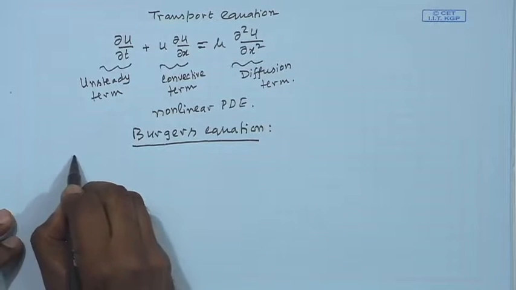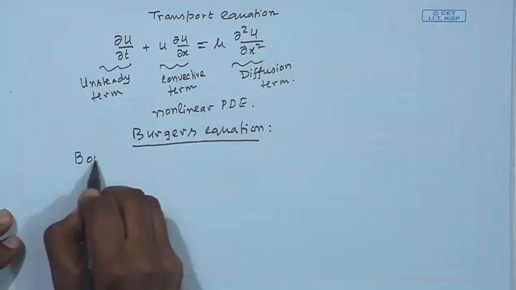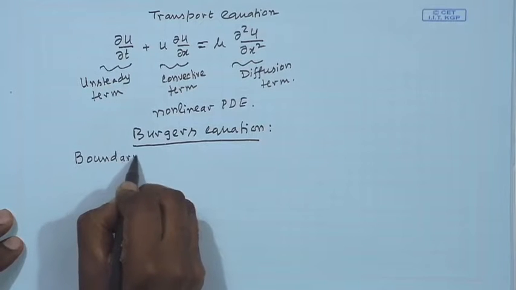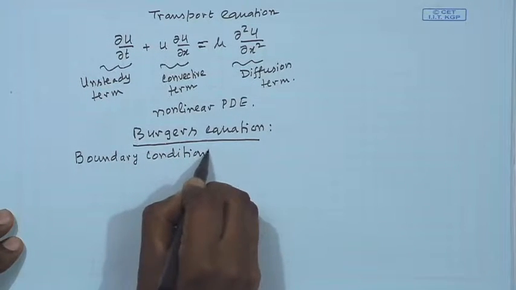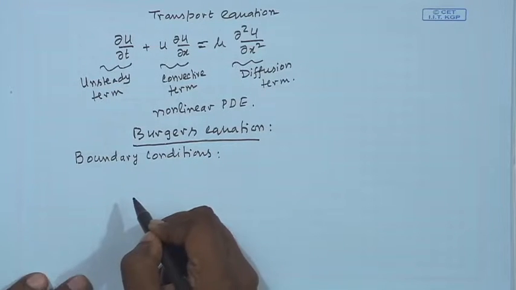So, we can pose the boundary conditions in this manner, because this has both initial and boundary space variables.